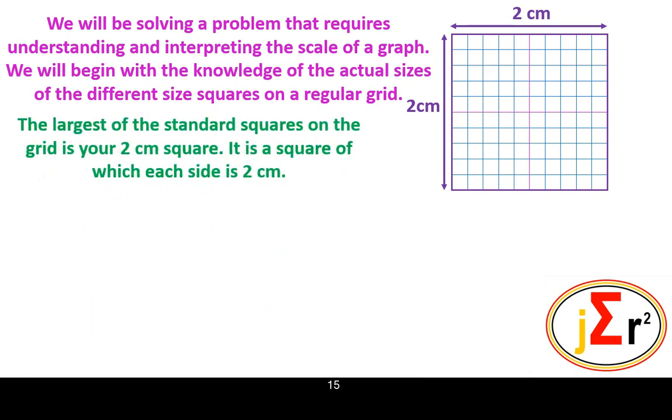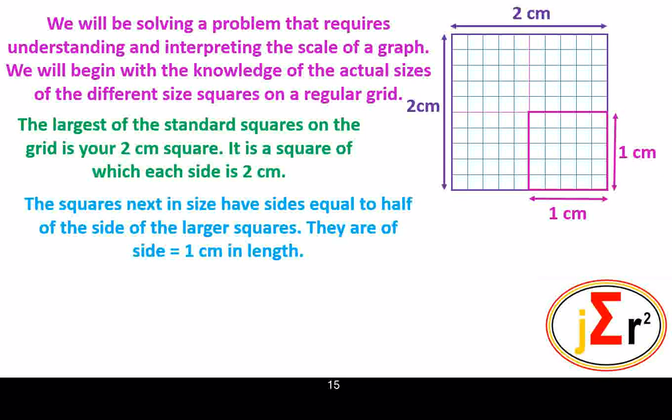So the largest of the standard squares on the grid is your 2 centimeter square. It is a square of which each side is 2 centimeters in length. Then the other one, which is the one smaller than that, the squares next in size have sides equal to half of the side of the larger squares.